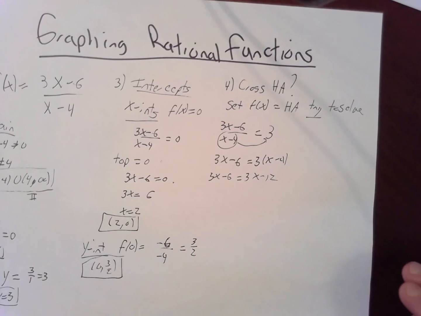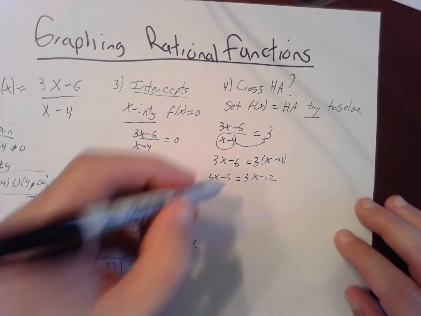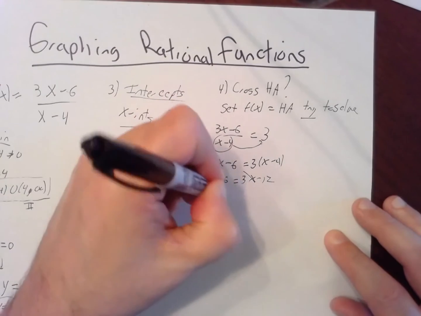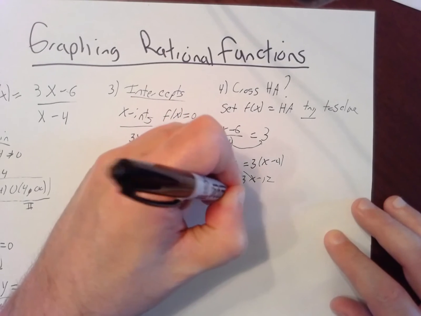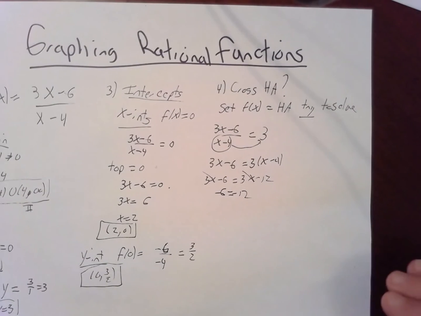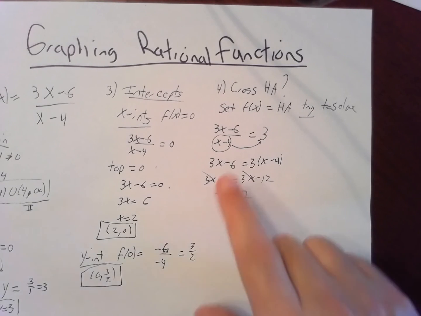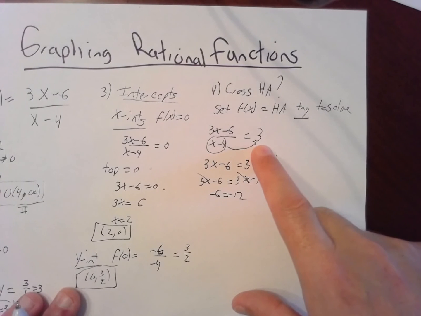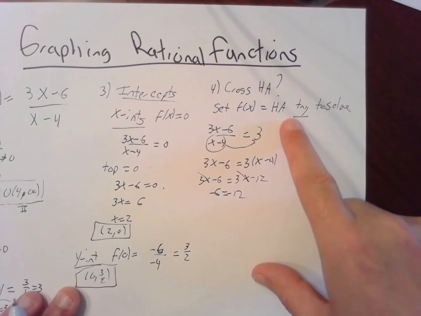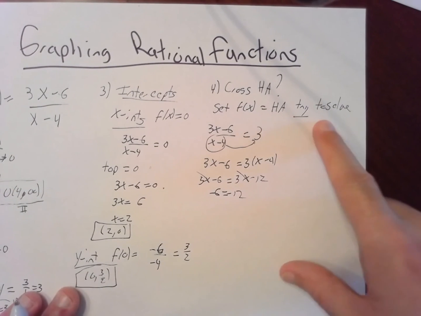Okay, solve that. Pause the video. Go ahead, solve that. Oh, something funny happened, didn't it? Those x's cancel out. I get negative 6 equals negative 12. And your first thought is, you did something wrong. No, you didn't do anything wrong. This just never equals this. I didn't say we were going to solve. I said we would try to solve.